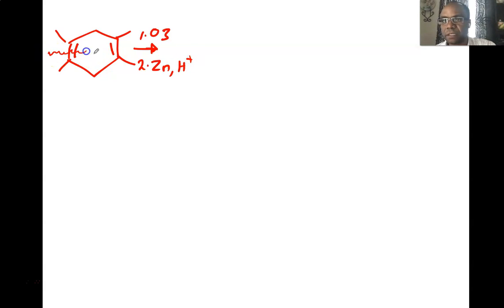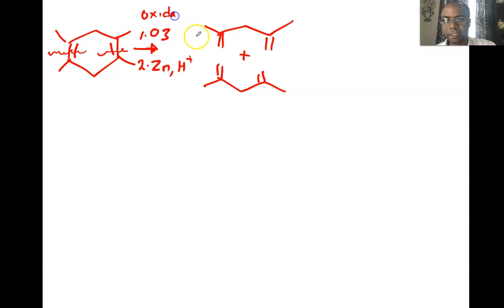All you're simply doing is cutting the double bond across. That's the best shortcut you can use. So you'll end up with these two pieces. But because it's oxidation, so we've done the breaking down, the lysis part. Because it's oxidation, I would use my shortcut to simply put oxygens there.